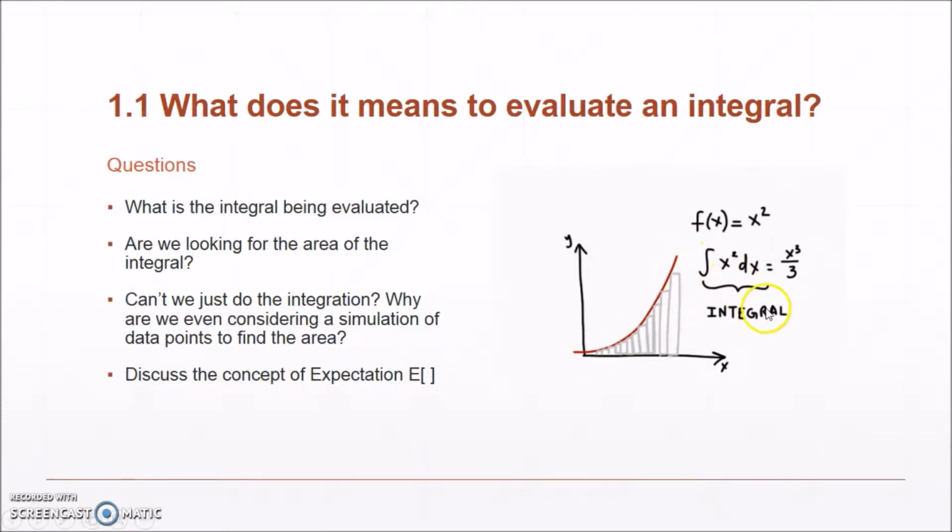The way we can solve for that is to integrate the function. The integral of x squared equals x cubed over 3. If we were looking for this area from 1 to 6, we could plug those values in and solve for that really simply.